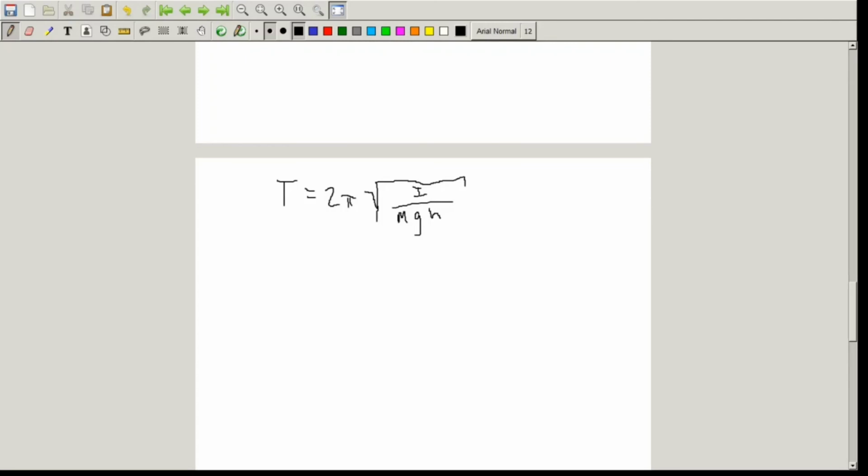Now, from part A, we know that I is equal to 0.205 kilogram meters squared, and that from part B, we know that h is 0.477 meters.